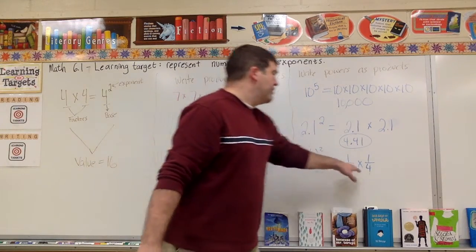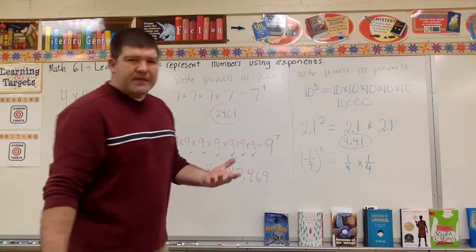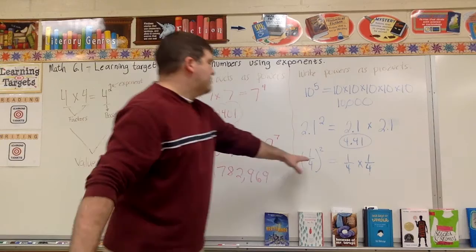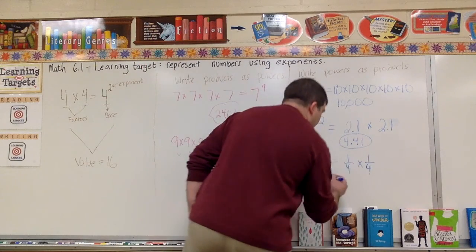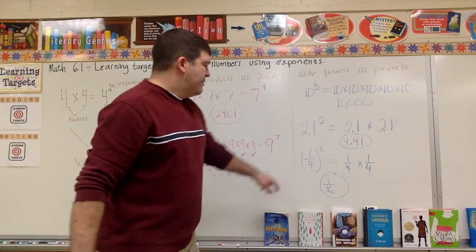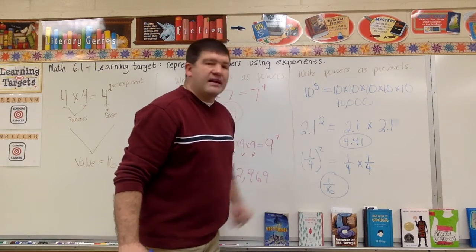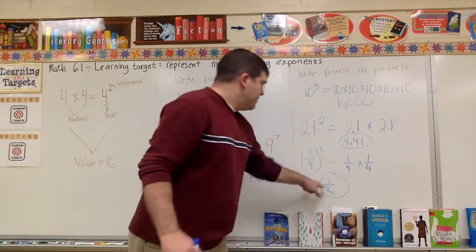If it's to the 4th, then there's 4 of them. If it's to the 5th, then there's 5 of them. Okay, makes sense? But because it's just to the 2nd, 1/4 times 1/4 equals 1/16. So the value of 1/4 to the 2nd power is 1/16.